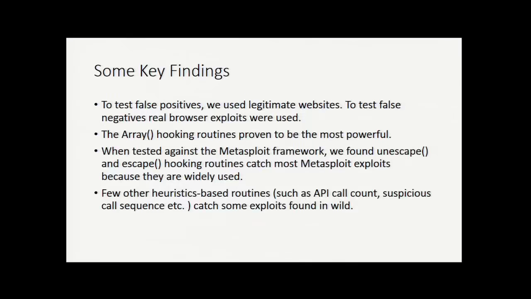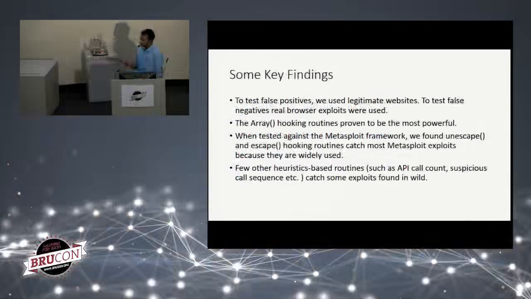So what we have found after this entire automation project and testing: when we tested this against the Metasploit framework, it was actually able to catch most of the Metasploit exploits. If you take a look at Metasploit, the unescape and escape functions are aggressively used.